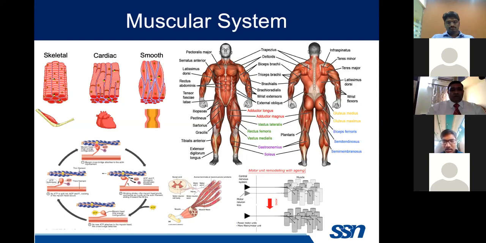There will then again be locking of actin and myosin, and when the power stroke takes place, this is the actual microscopic muscle contraction happening at each myosin fiber.